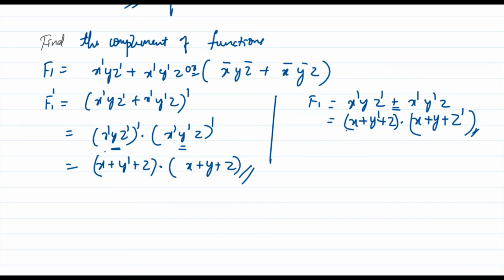So let me take one more example to understand this complement of a given function. Say for example the function is like this, f2 equals x into y prime z prime plus yz.